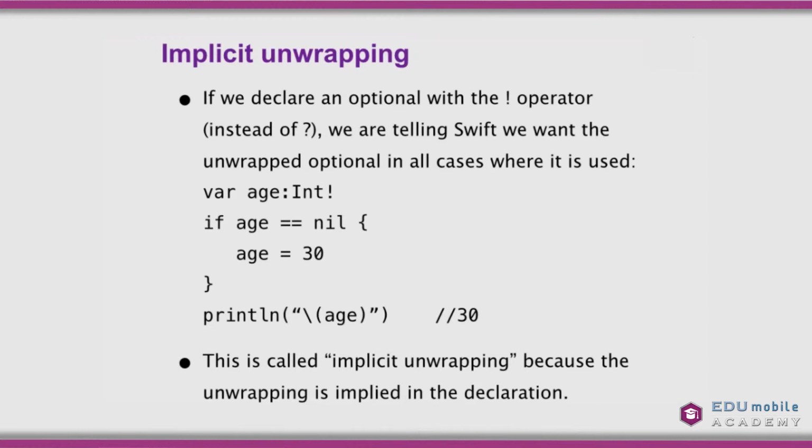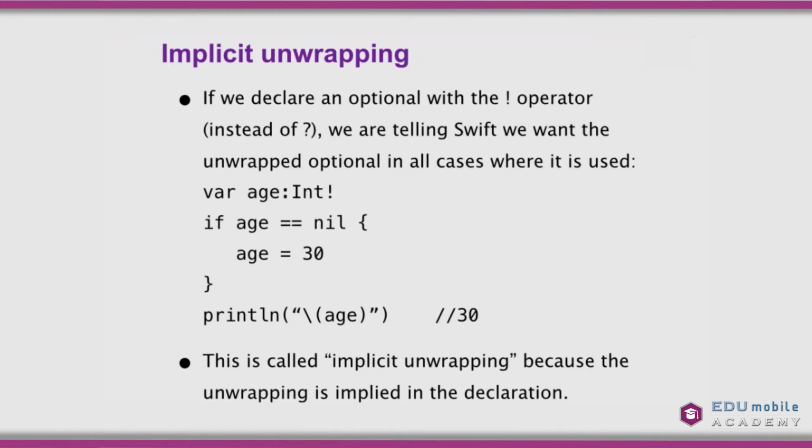So now, when we get down to print line age, we see 30, not optional 30. If age were equal to nil, and we printed it, we would see nil, not optional nil. And this is implicit unwrapping because the unwrapping is implied in the declaration.